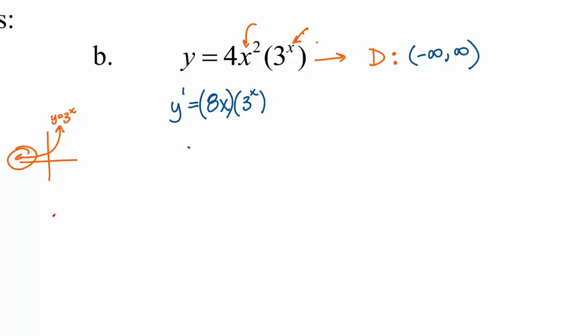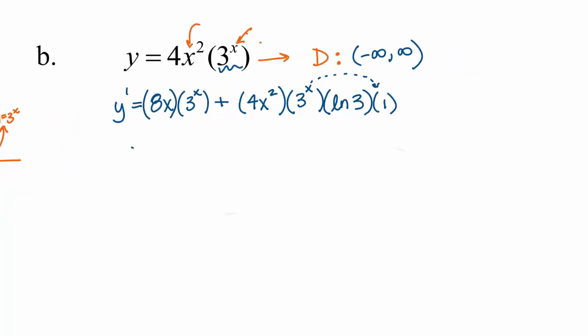And then plus, leave the 4x squared alone. And now the derivative of 3 to the x would be 3 to the x times natural log of the base, or natural log of 3, technically, times the derivative of x, which is 1.